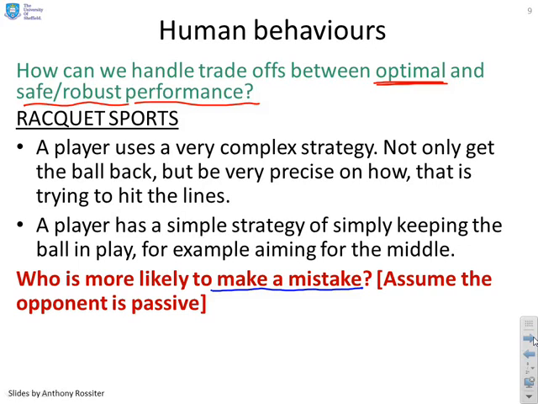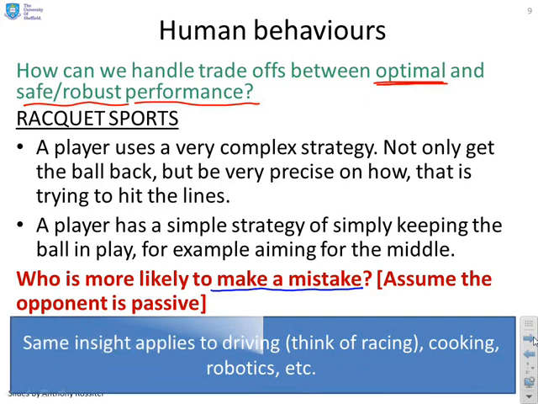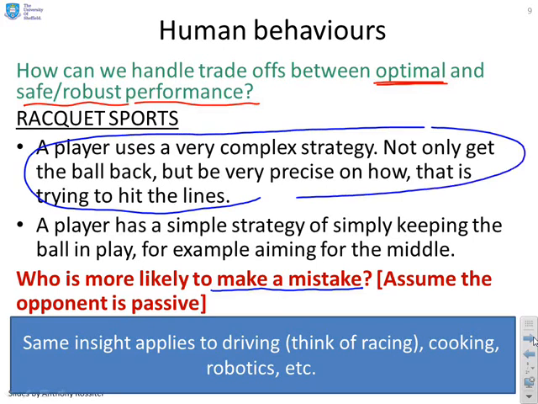And we're going to assume here that the opponent is passive. And of course your answer will be that the person who's adopting a more complex strategy is more likely to make a mistake, more likely to come unstuck. So in other words, their strategy is less robust.